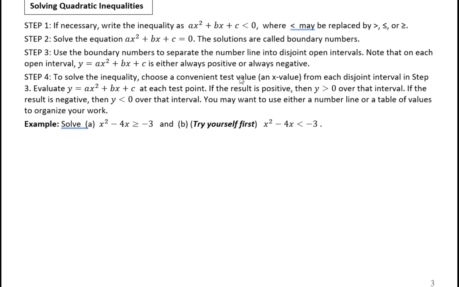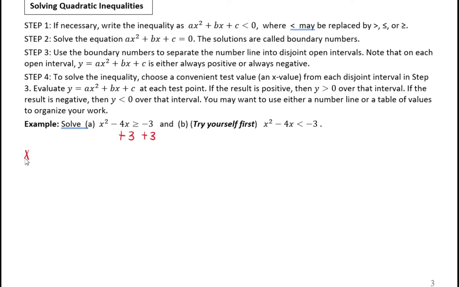You find the intervals by solving the equation for the quadratic inequality, and then you find test values from each interval, figure out whether that's positive or negative within each interval, and then answer the question. You can try B yourself. You can pause the video after I solve this and look at part B. In the next page I'll give you that solution. But for part A, what you need to do is set one side equal to 0. So add 3 to both sides.